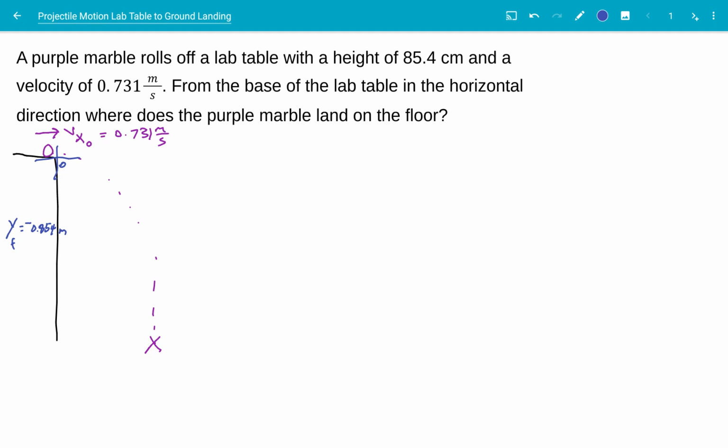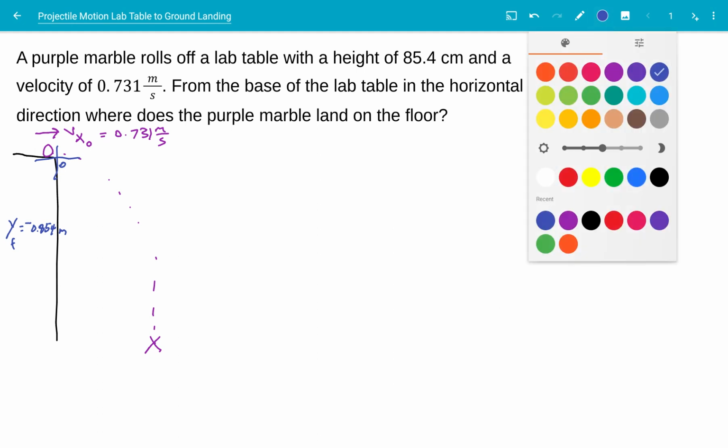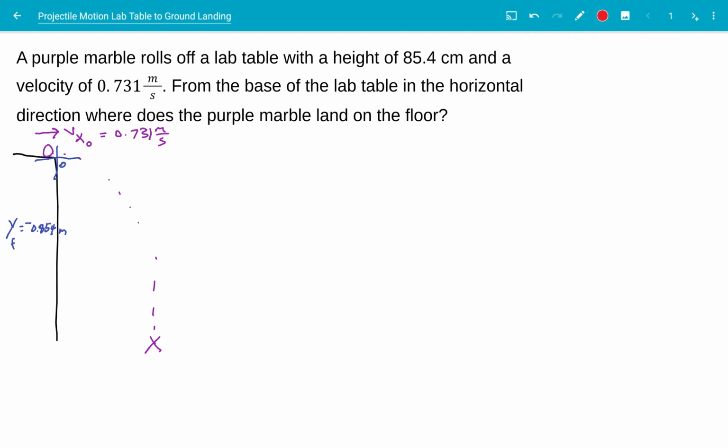Because gravity is in meters per second squared, that's why I chose meters. The goal is to find the distance on the ground from the base, some x final.